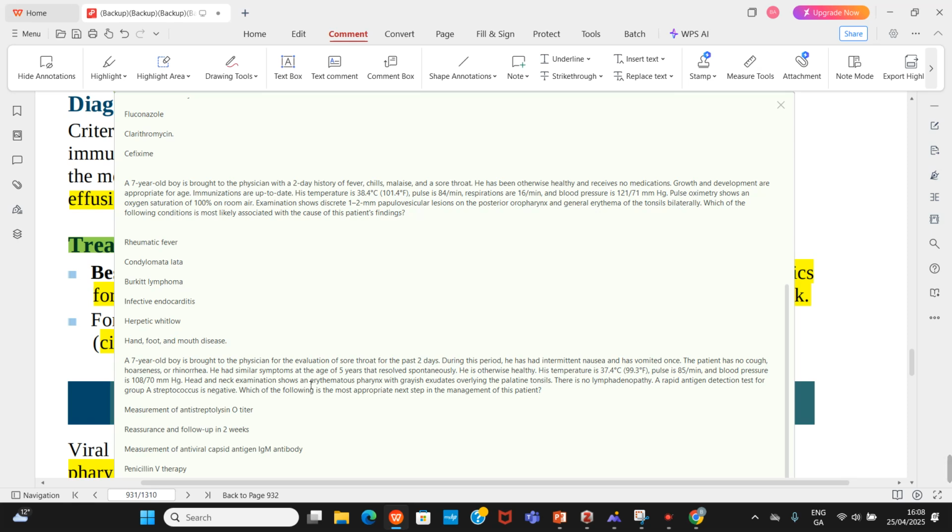He had similar symptoms at the age of 5 that resolved spontaneously. He's healthy. Temperature is 37.4. Pulse is 85. Blood pressure is 108. Head and neck shows erythematous pharynx with grayish exudate over the palatine tonsils. There's no lymphadenopathy. A rapid antigen detection test for group A strep is negative. Which one is the most appropriate in the management of this patient?